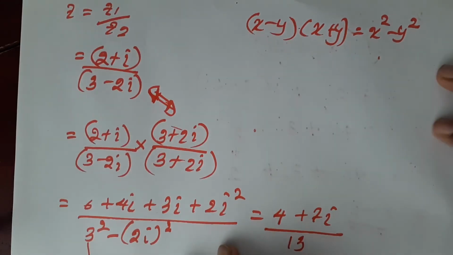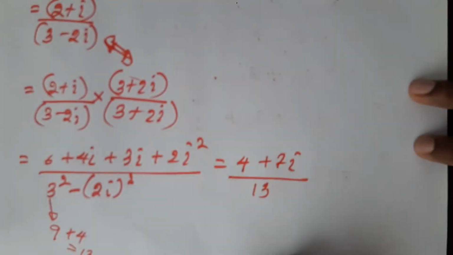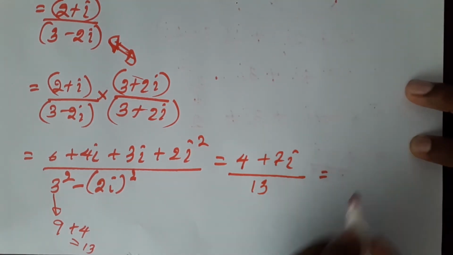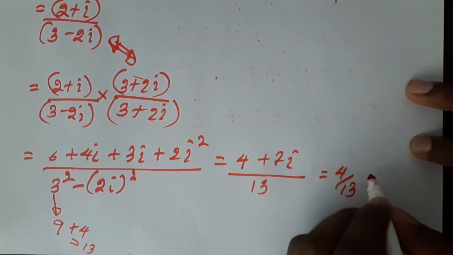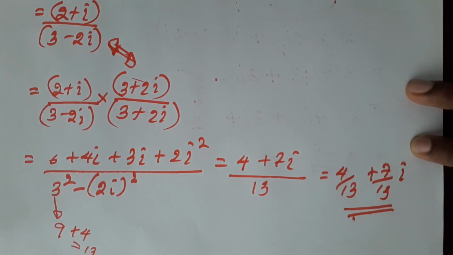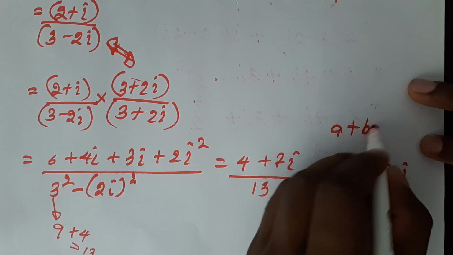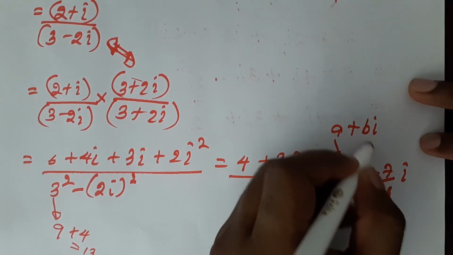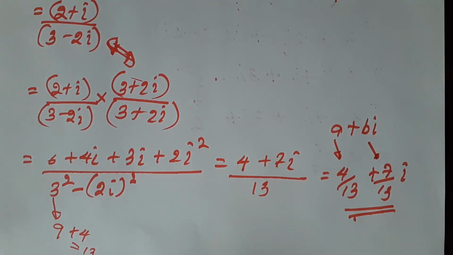So in order to get this to the complex number format, I can simply write 4 over 13 plus 7 over 13 into i. So this is the basic format of a complex number, a plus bi, where a is 4 over 13 and b is 7 over 13.